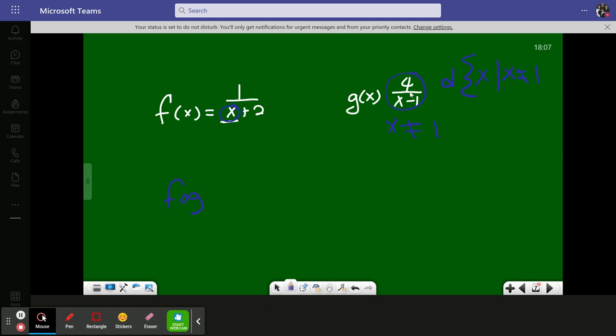So I've got to say 4 over x minus 1 equals -2. This can't be a -2 here, right? So I've got to say, all right, what would make this a -2? Whatever can't be here, I have to take the inside function and put it equal to that.